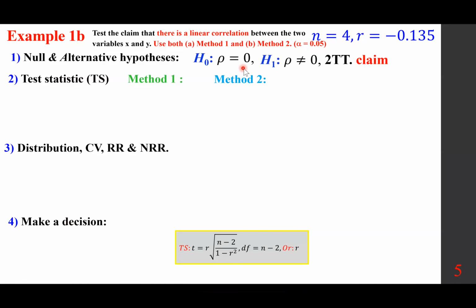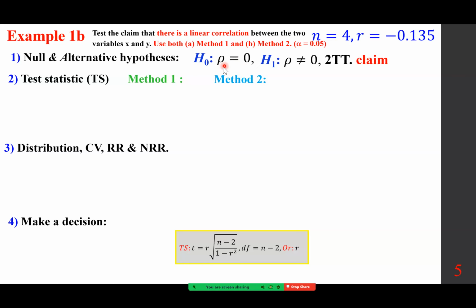I want to make sure we understand what's going on here. First, we wanted to find a linear correlation. Then we want to test the claim that there is a linear correlation. And what happens is that when rho is 0, that means there is no correlation.